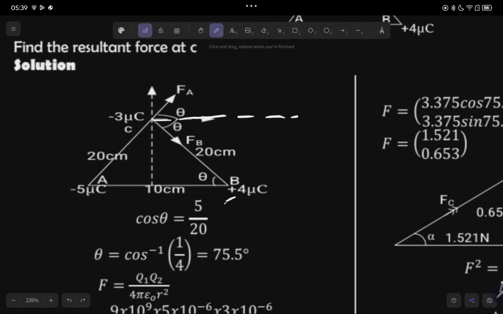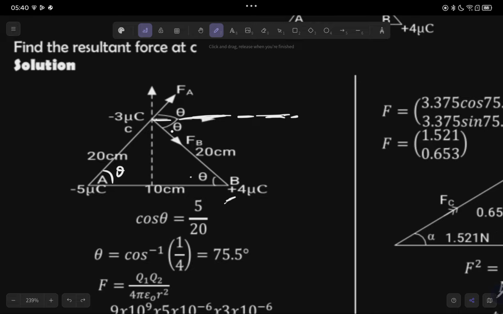Because this angle CBA is vertically opposite to this angle here, these two angles are the same, theta and theta. And because the other angle up is corresponding to the angle at A, which is also theta because this triangle is isosceles, the other angle becomes theta because they are corresponding angles.